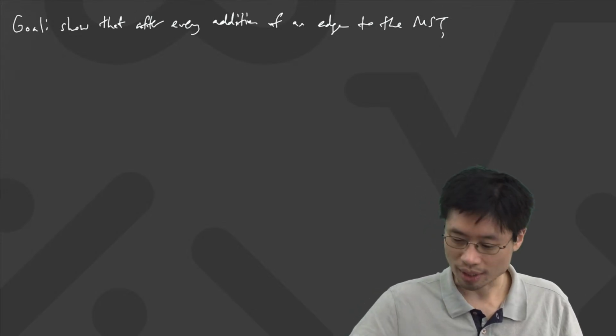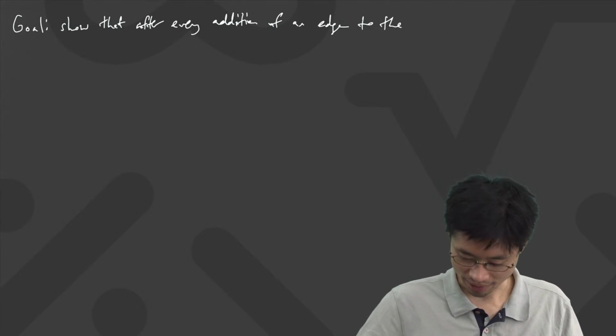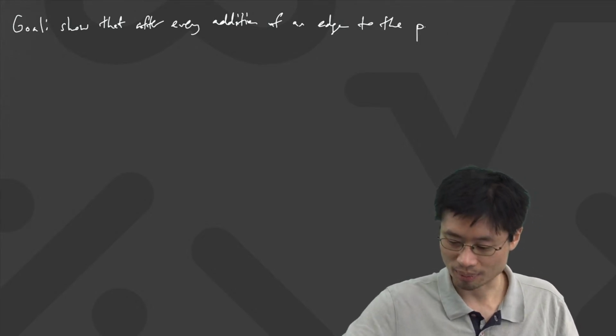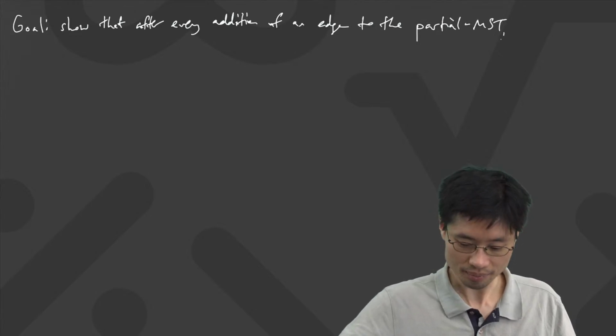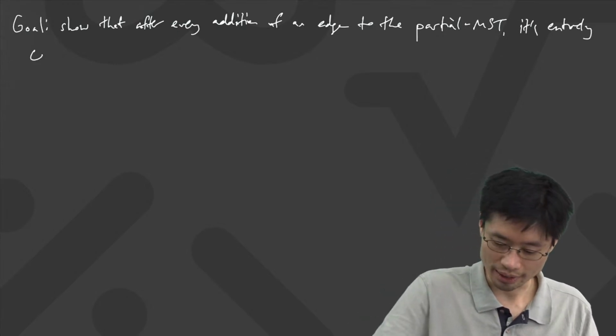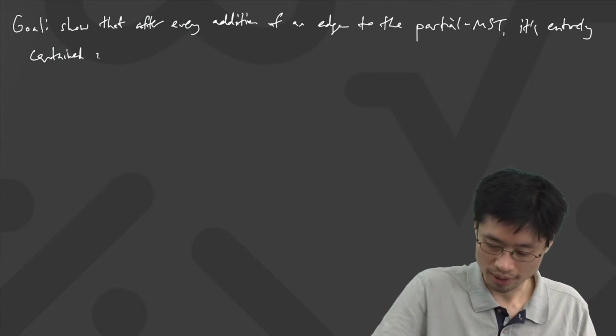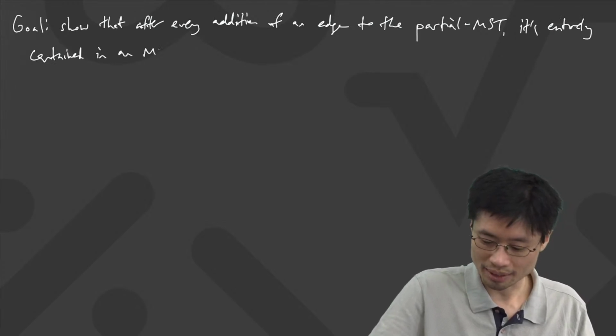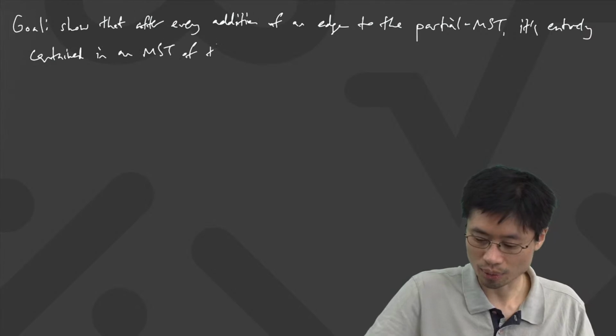Oh, I shouldn't call it the MST because it's the partial MST, okay? Because we're not done yet. We're making a partial one. Partial MST, it's entirely contained in an MST of the whole input.